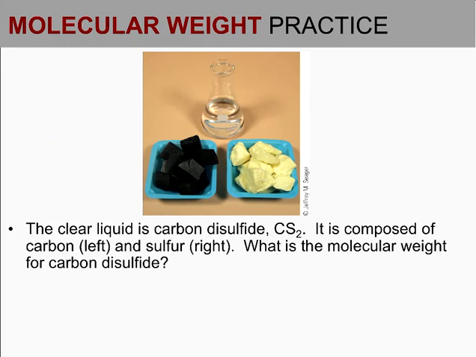So let's practice calculating molecular weight, and this time we're going to calculate the molecular weight of carbon disulfide. So you might remember from a previous video that this clear liquid at the top of this figure is carbon disulfide, and we determined that the molecular formula is CS2. So that means that we have 1 carbon and 2 sulfur atoms.